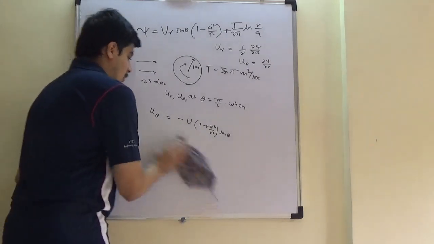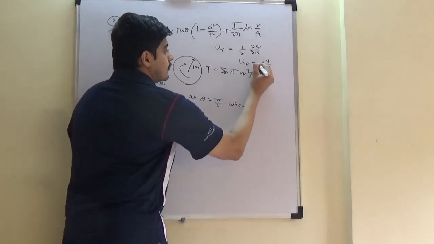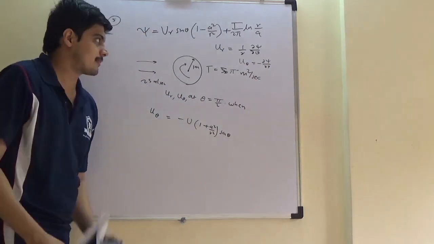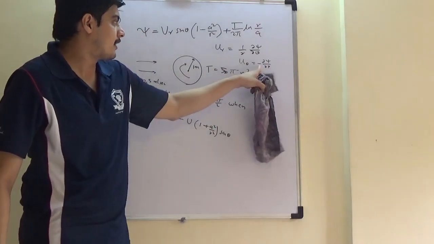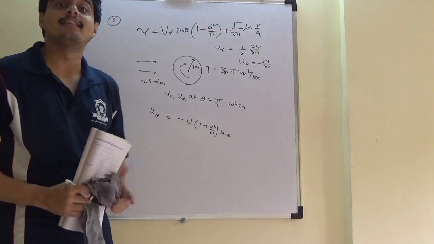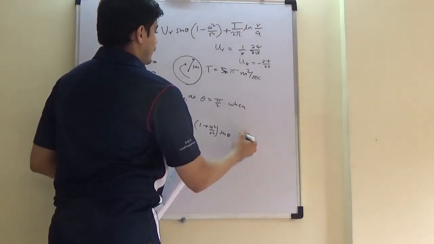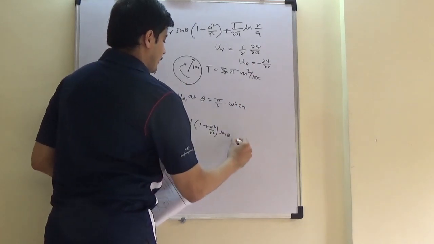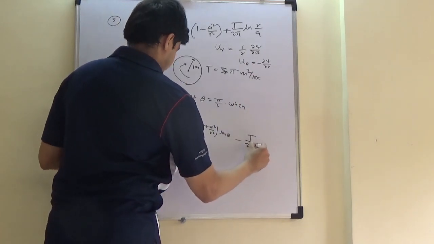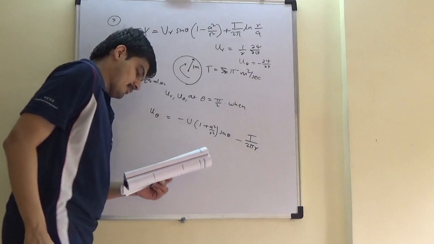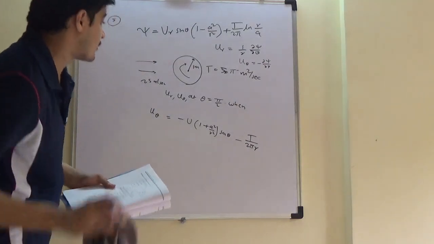So the correct way to always remember in case of confusion is this: the rotationality effect, minus sign. Never forget this minus sign. And then the derivative of ln r is 1 upon r. So this is the answer.